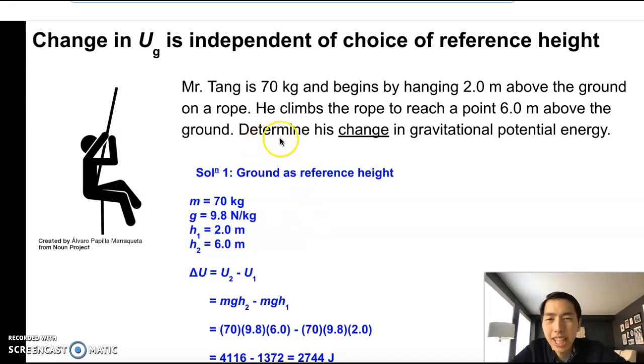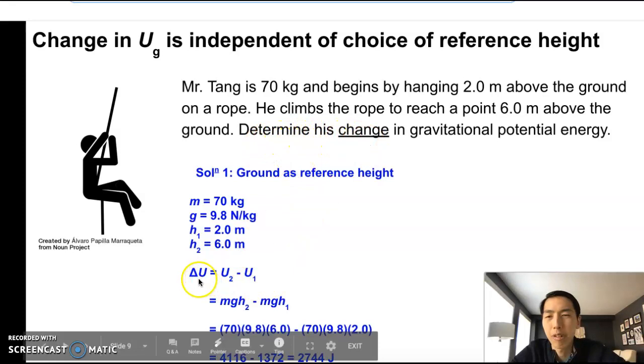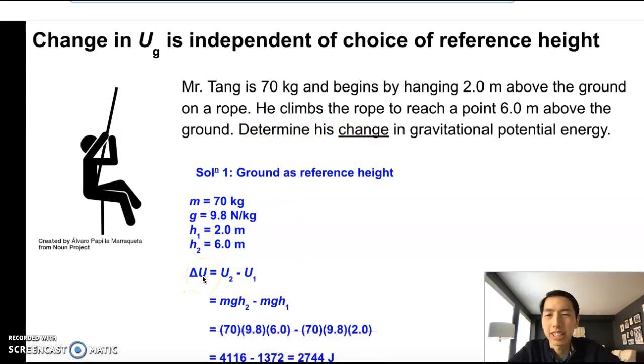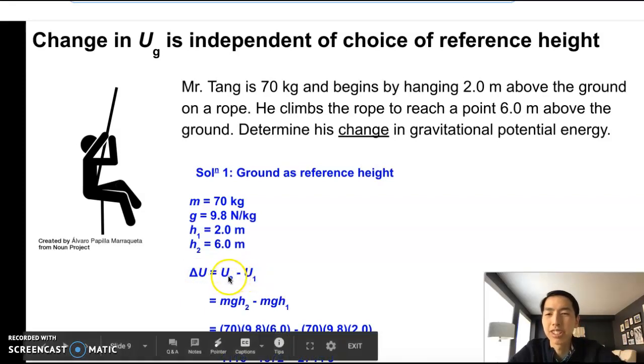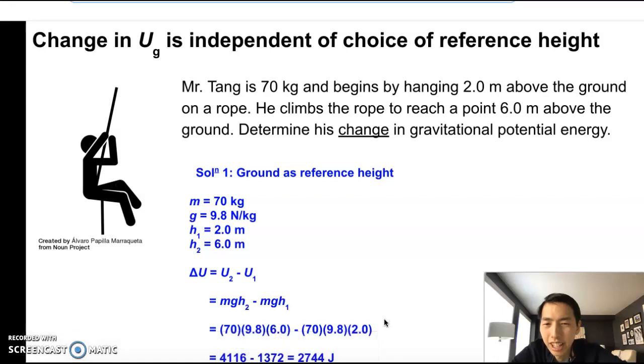So when I calculate my change in U, that would be represented by delta U. Delta, anything, is final minus initial. So delta U is U2 minus U1. The formula for U is mgh, so it's mgh2 minus mgh1. Then I plug in all the values from that list, and you can see I eventually end up with 2,744 joules.